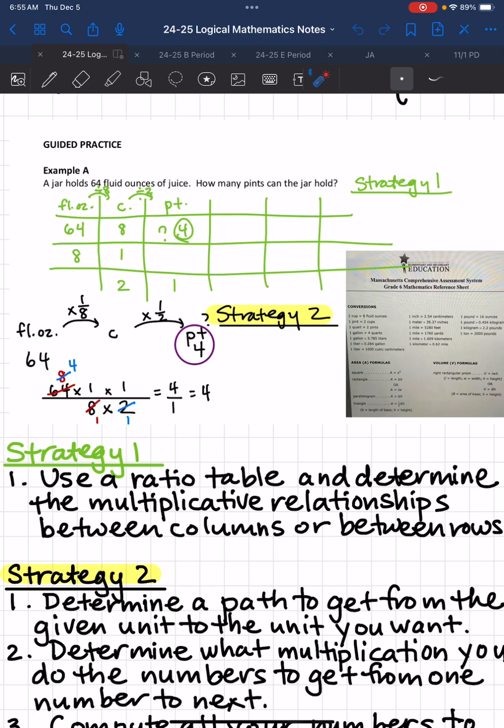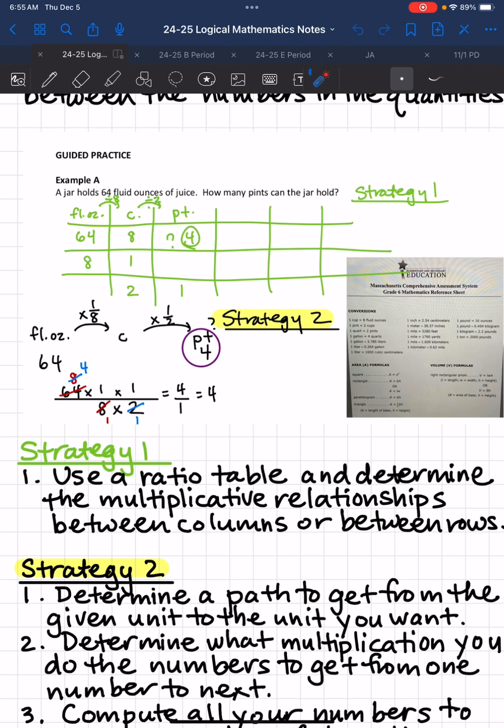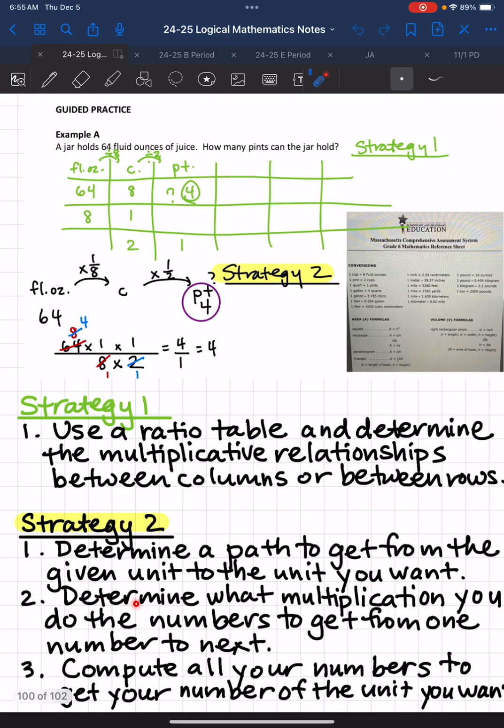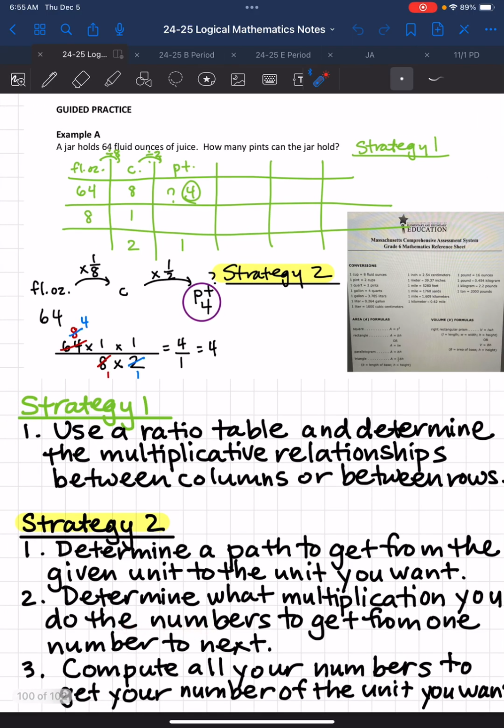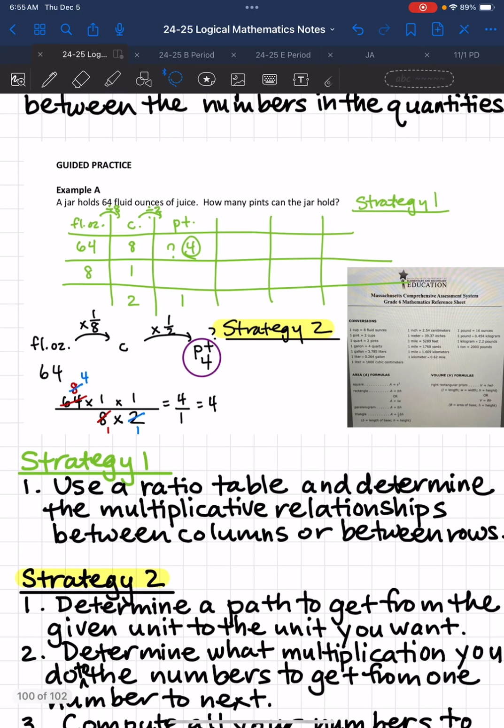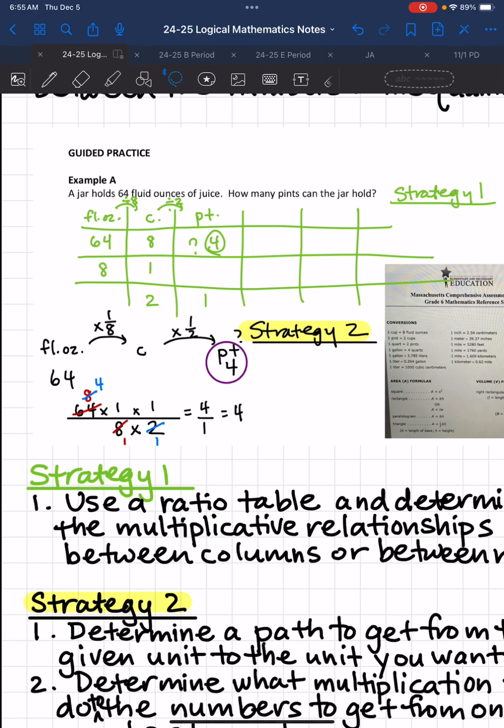Okay? So now that I know the path I'm going to follow, now I go back to the conversion chart, and instead of looking at just the units, I'm going to look at the numbers that go with those units. So the next step is to determine what multiplication you do to the numbers to get from one number to the next number. Okay? So again, in the first conversion, I'm going from fluid ounces to cups.